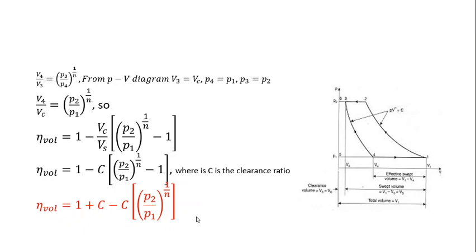Now what is the effect of free air delivery in this volumetric efficiency? The volumetric efficiency in terms of free air delivery is the standard for comparing the compressors. So in the next slide we will look into it.